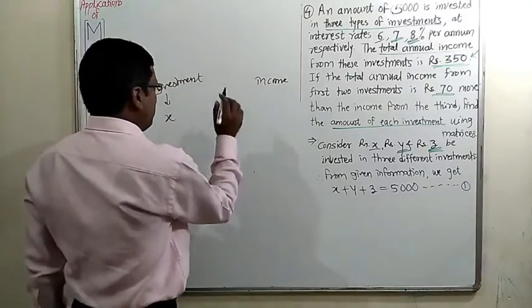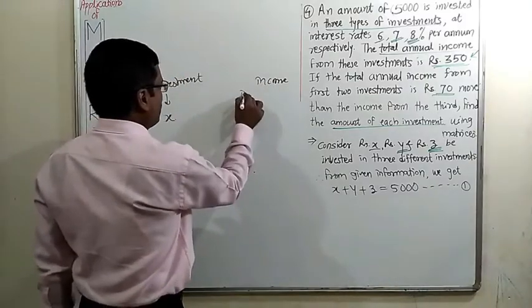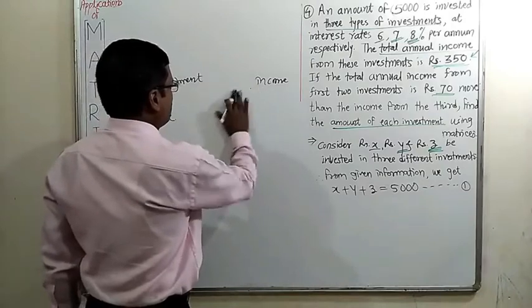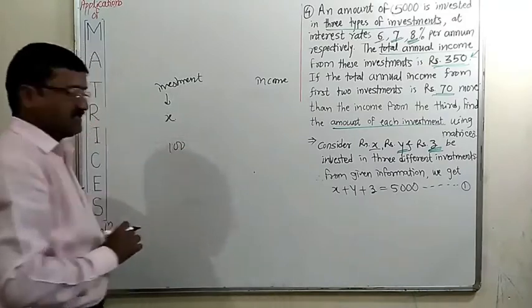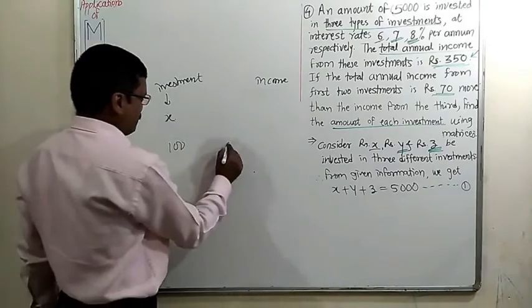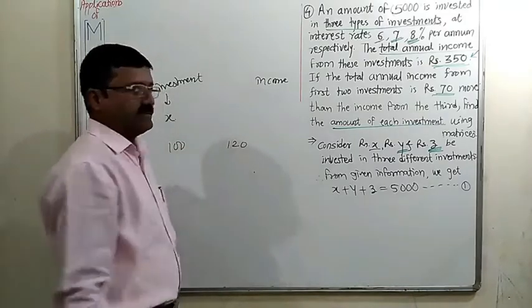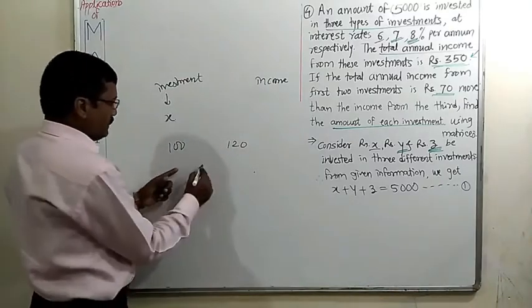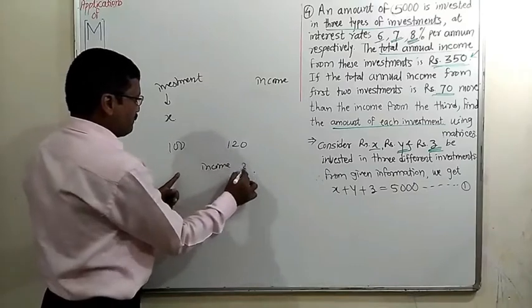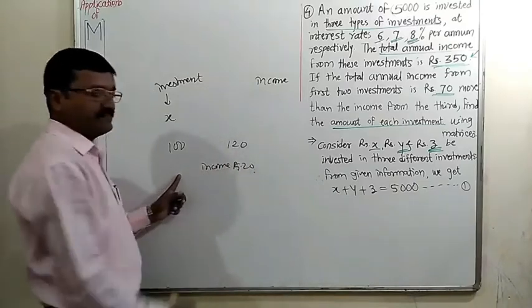Income means the interest. Income is nothing but the interest. For example, suppose 100 rupees are invested and suppose at 1% rate it becomes rupees 120 after 1 year. Then what will be this income? That income will be obviously 20 rupees.